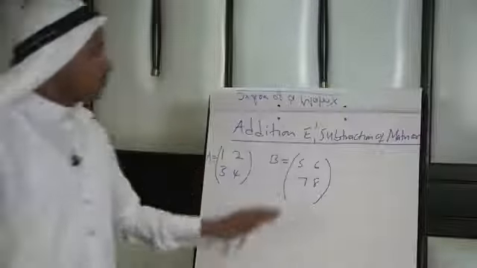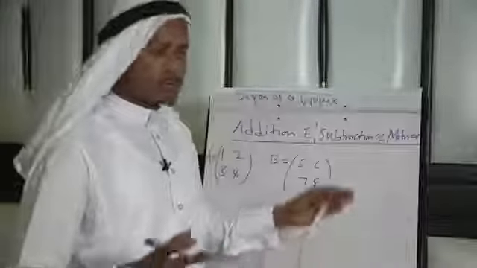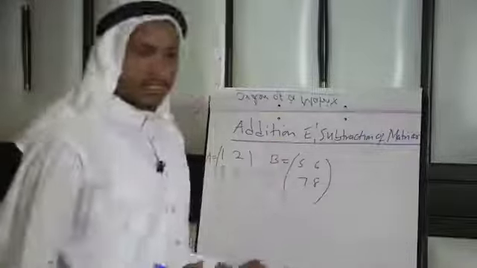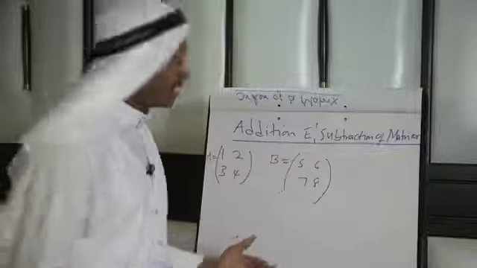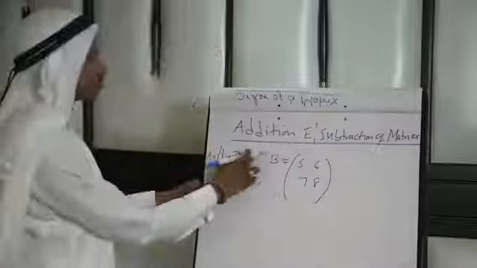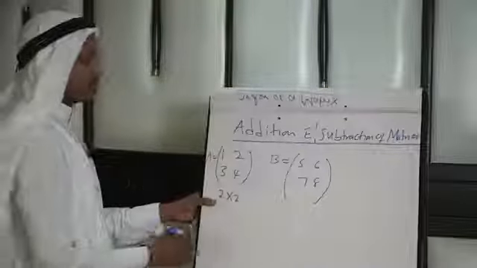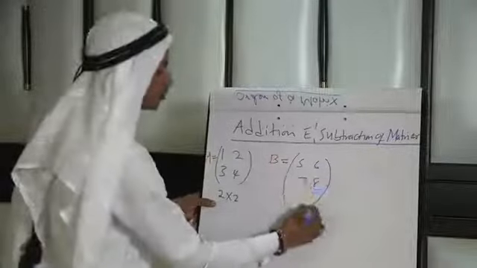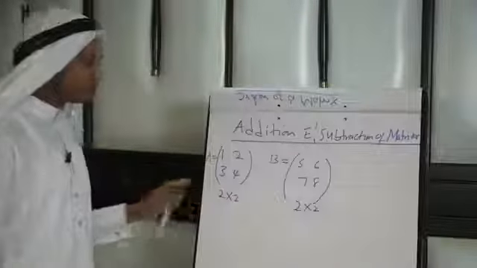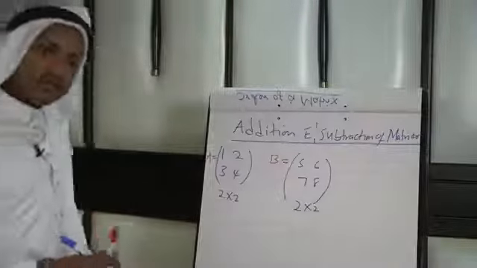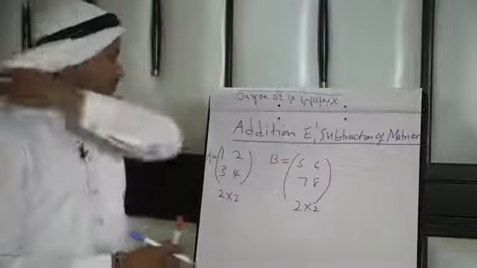The only way you can add or subtract matrices is when they are in the same order. The same order means this is a 2 by 2 matrix, and this is also a 2 by 2 matrix. Because they are in the same order, you can add them or subtract them.